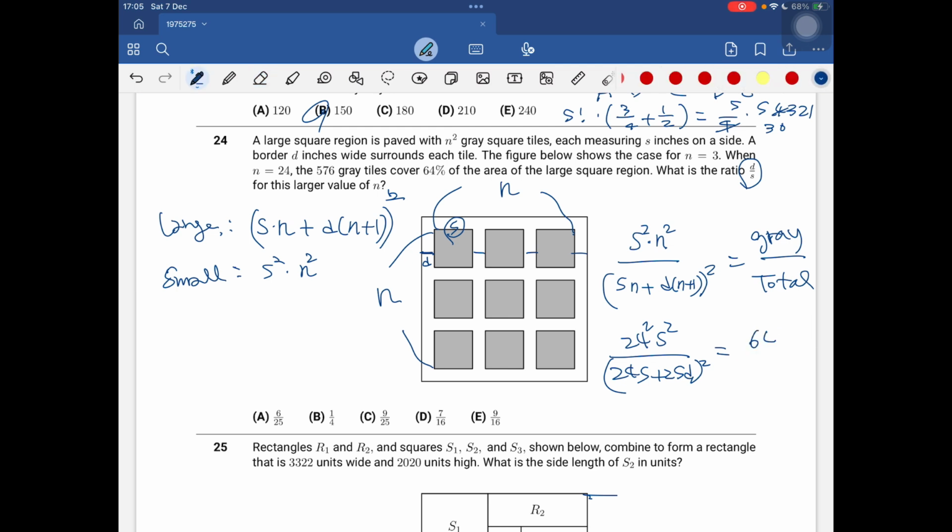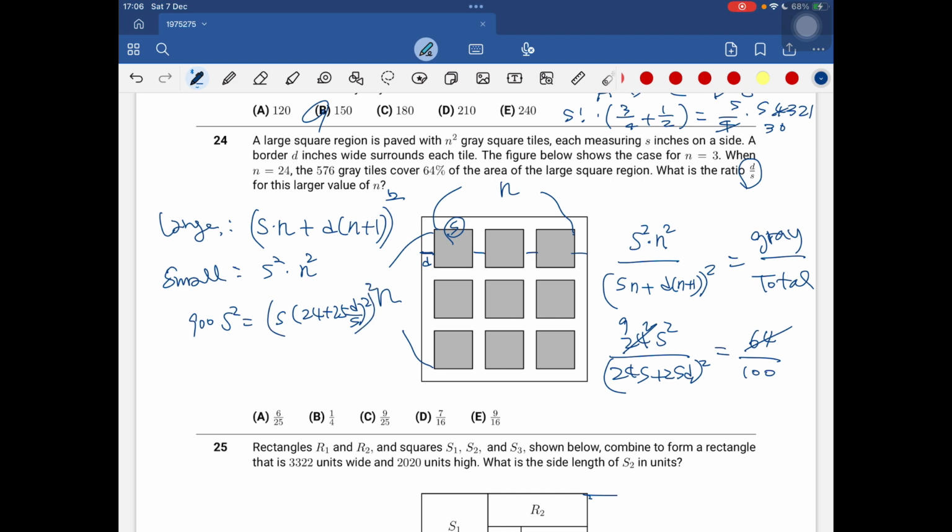So 64 over 100. I think this is 9: 8 times 8, this is 8 times 3, n squared, so 9. So now 900 s squared is s squared times (24 plus 25 d over s) squared.